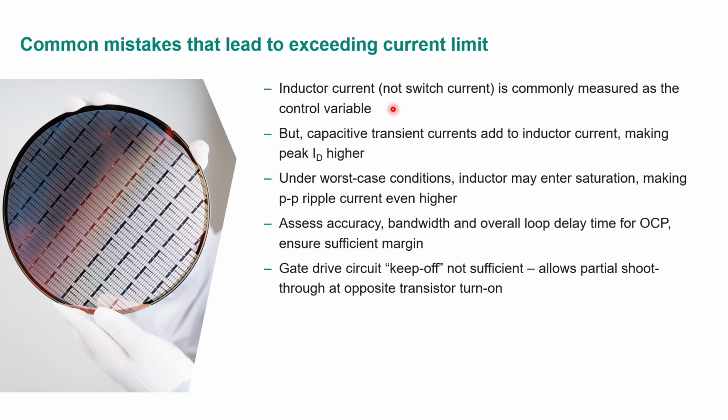And that's not always the same, especially because there are other things going on dynamically that make the peak current maybe higher than you might expect. For example, there are capacitive transient currents adding to the inductor current. I'll show you those. Furthermore, the inductor may be hitting saturation.